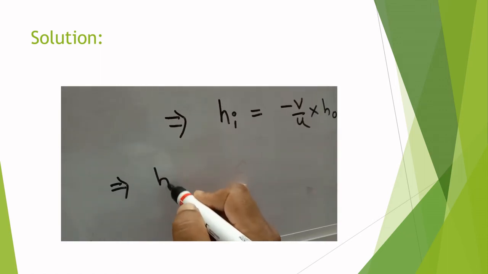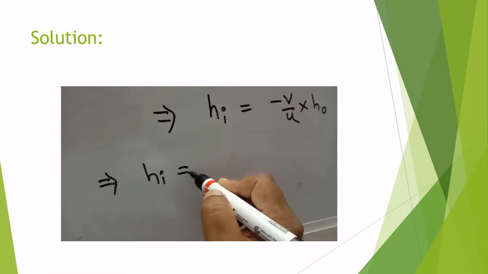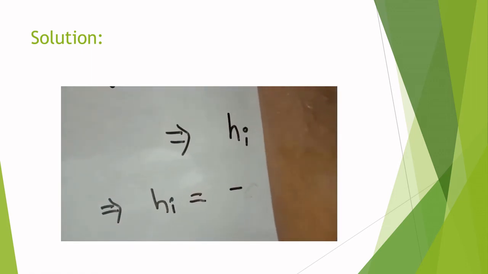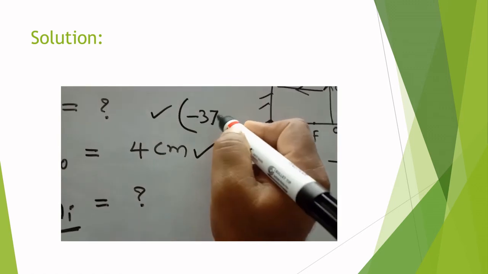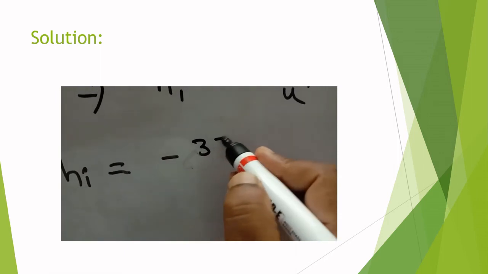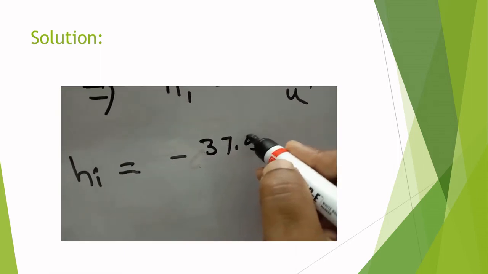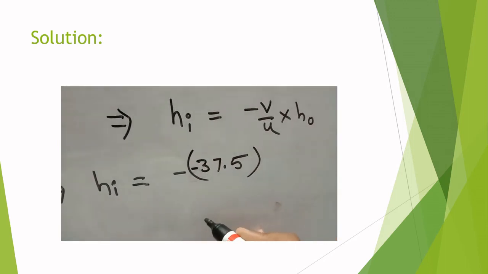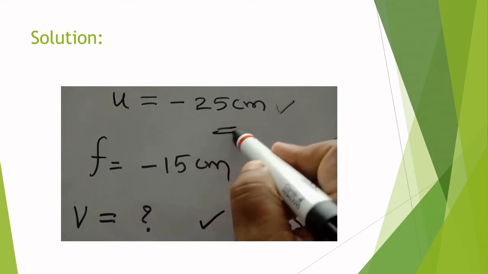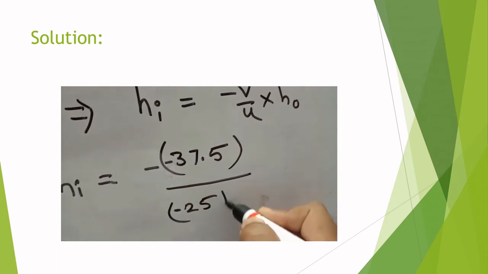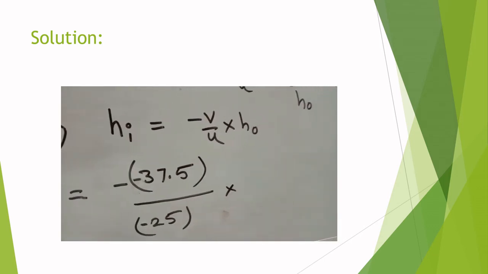hi is equal to minus v, where v is the image distance we got, minus 37.5 centimeters. So write minus 37.5 in brackets by u, that is the object distance, minus 25, into ho, height of the object, that is 4 centimeters.